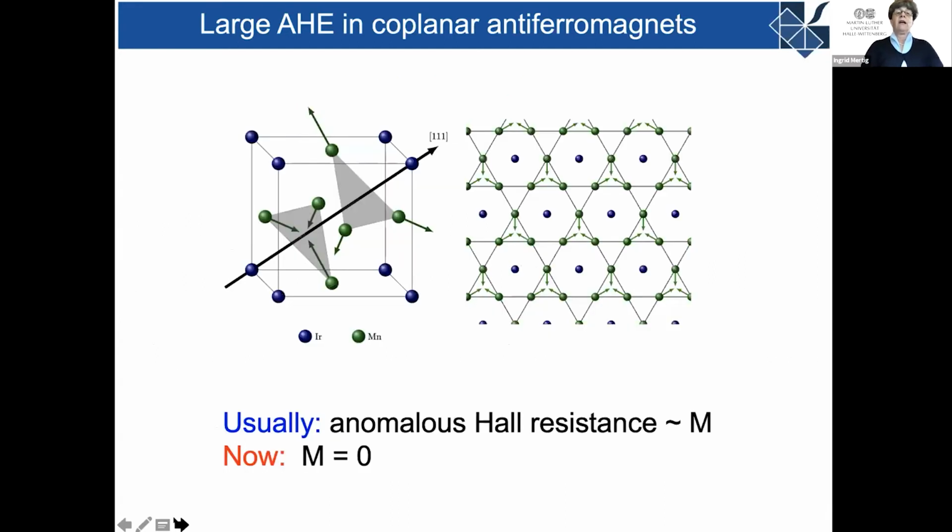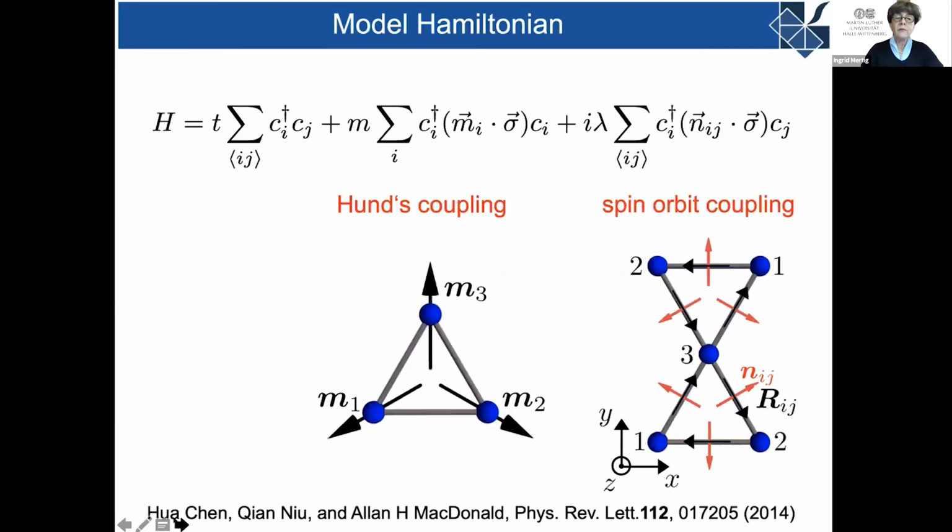And coming back to the simple cartoon, usually we understand the anomalous Hall effect being proportional to the magnetization of the system. But now we have an antiferromagnet, the magnetization is 0, and there is no simple explanation of the anomalous Hall effect.